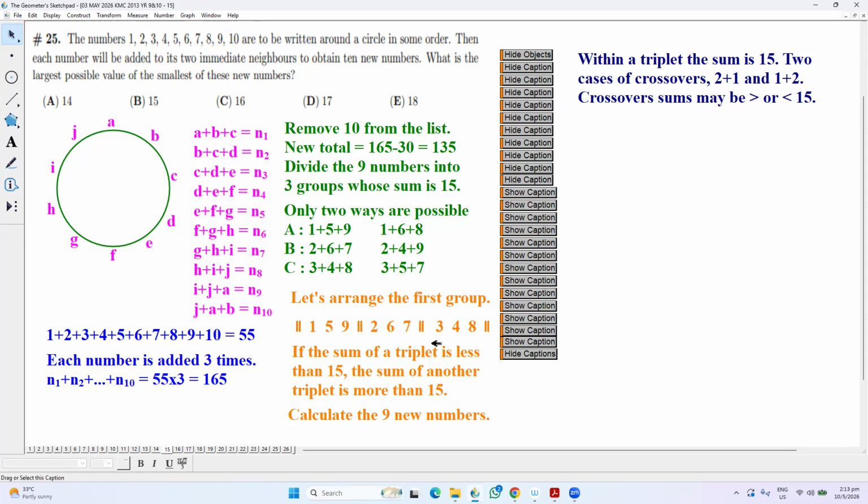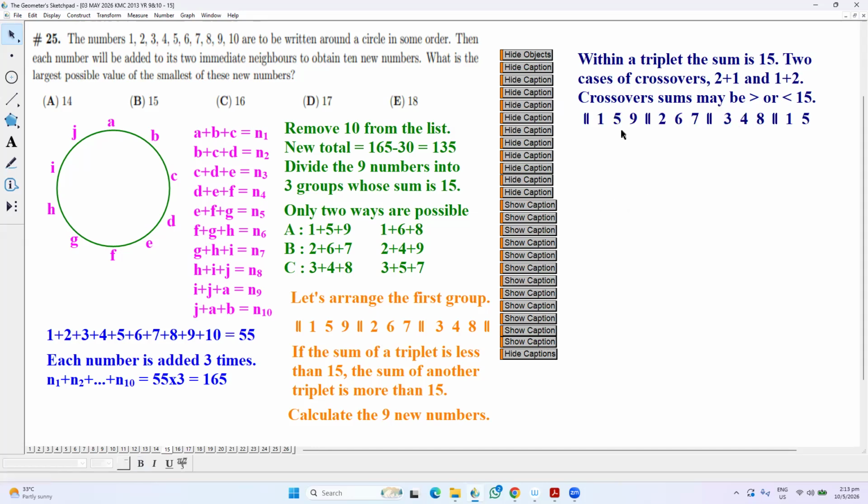Or 1 plus 2: 7 cross to 3 and 4, like that. Crossover sum may be more than 15, may be less than 15. Within the triplet, guarantee 15. But the crossover, sometimes you have large numbers, so it will be more than 15. Sometimes too many small numbers, it becomes less. So let's have a look.